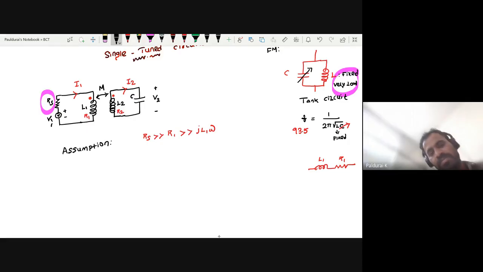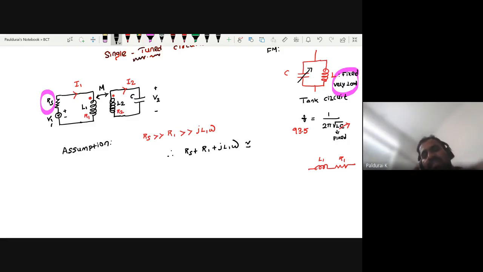Therefore from this, what is our conclusion? Rs plus R1 plus jL1 omega. If all are connected in series, then what is the equivalent resistance? All will be added.